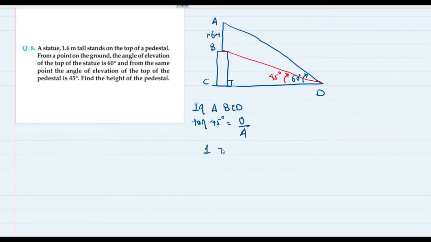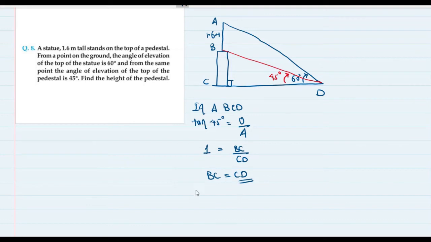Tan 45 is 1. Opposite is BC. Adjacent is CD. So we can say without any confusion that BC is equal to CD.